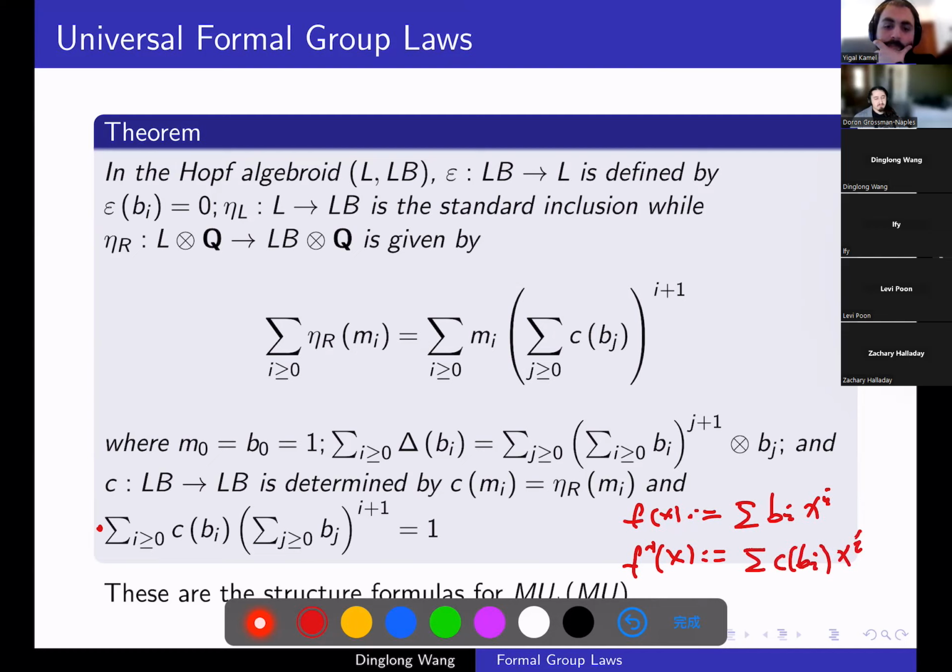If you check that f inverse composed with f(x) is x, and set x to be 1, then you get this relation here. Okay, no, it's i plus 1. All right.